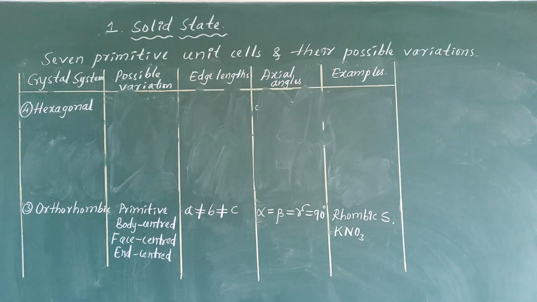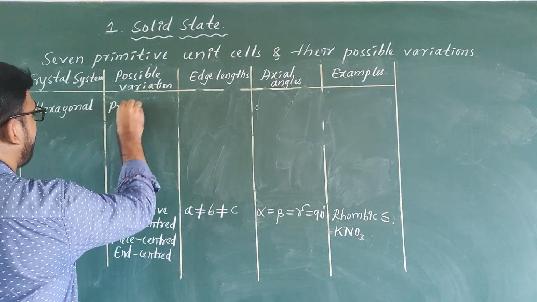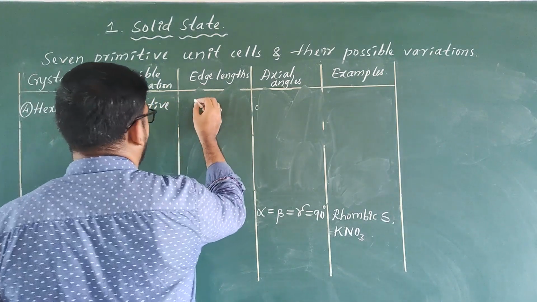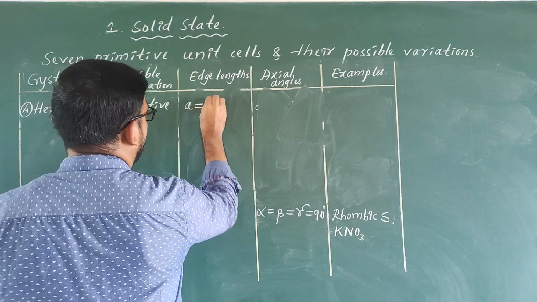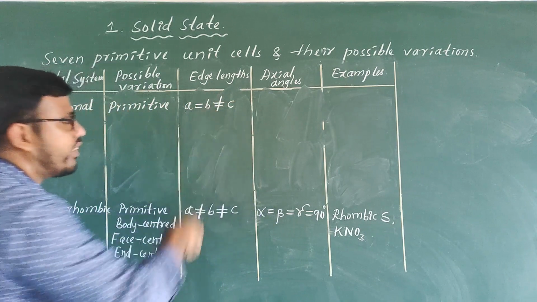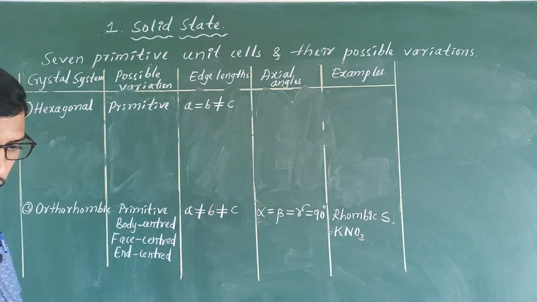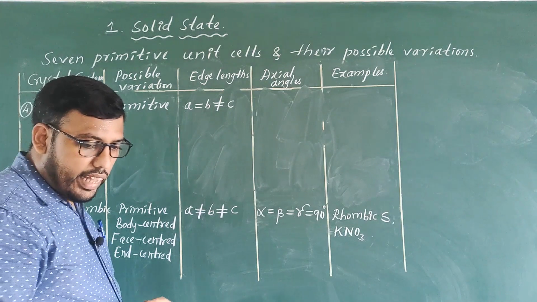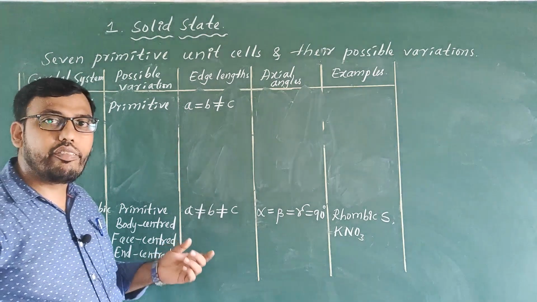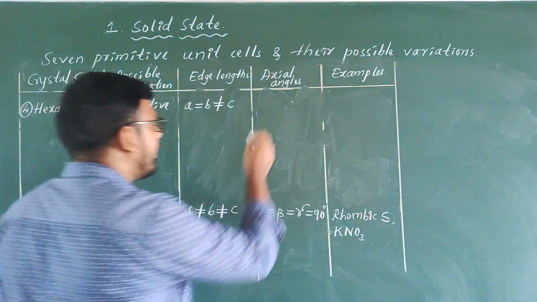In hexagonal, the possible variation is only one, that is primitive. What about the edge length? You have already seen A is equal to B, but that is not equal to C, meaning one of the edge lengths will be somewhat larger than A and B. But the angles, here two angles alpha and beta are 90 degrees, gamma is 120 degrees.